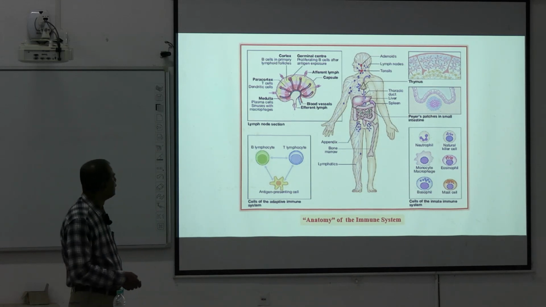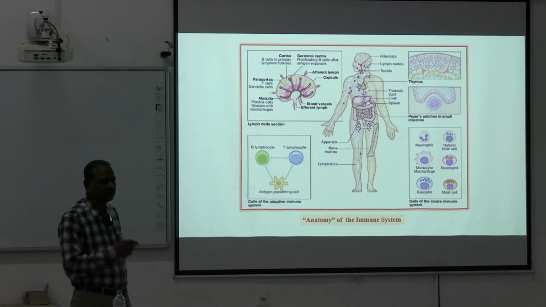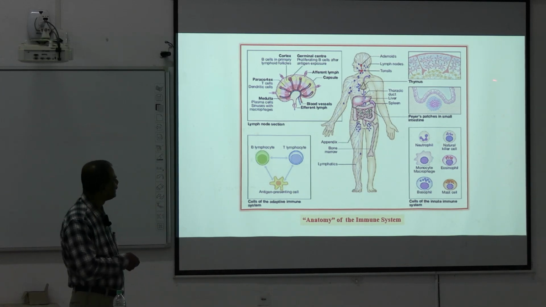So, we basically have this innate system. Originally the T cells and B cells are produced from the bone marrow, and the T cells get processed at the thymus, and they are also localized in the Peyer's patches.